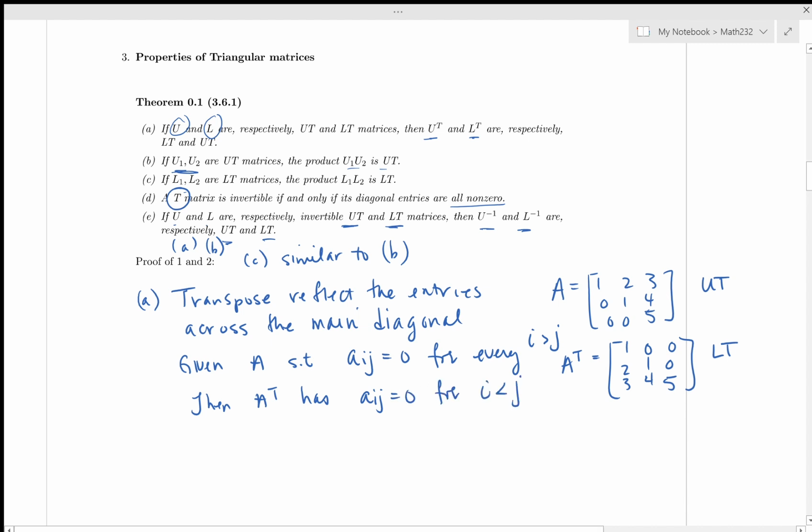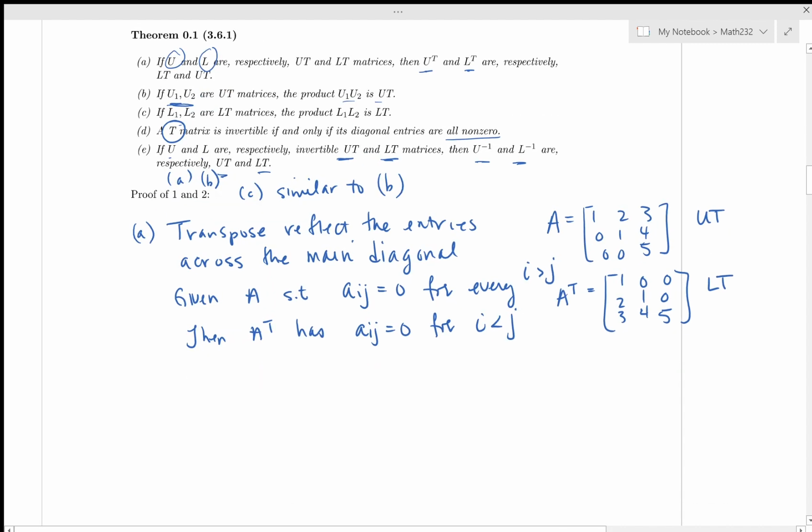That's what happens during the transpose operation, and that is in fact what it is to be lower triangular. So this statement is saying given that A is upper triangular, then that's what this means, and then we do the transpose and we get this, and we're like, hey, that's what it means to be lower triangular. So that's it, we're done. That is the end of A. So A transpose is lower triangular.